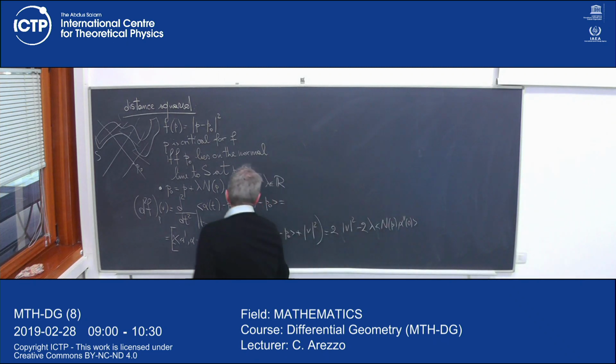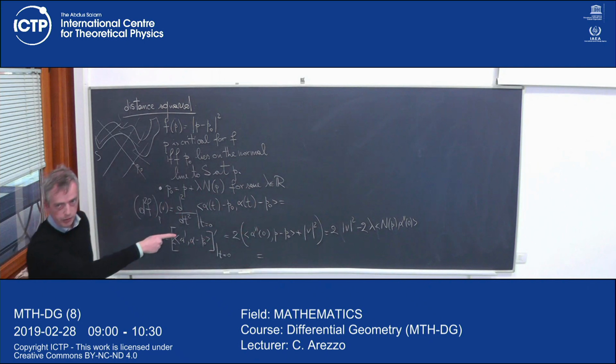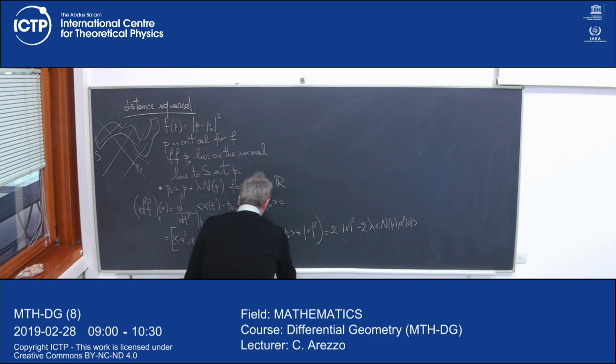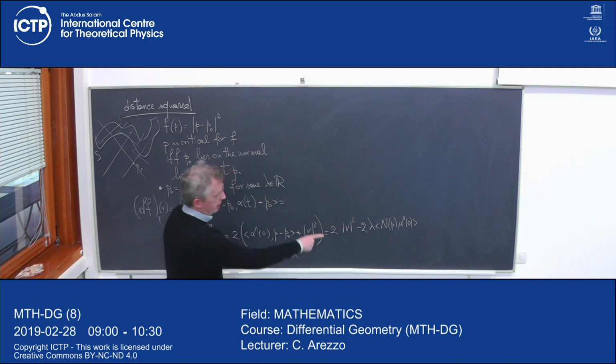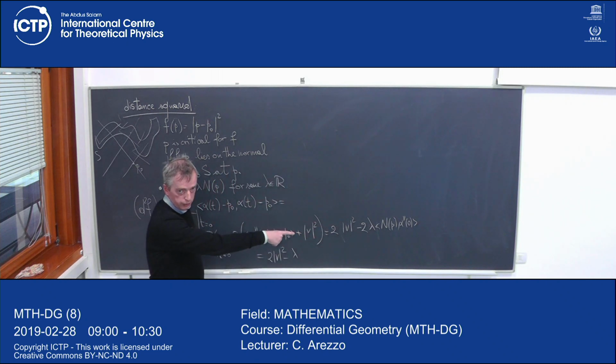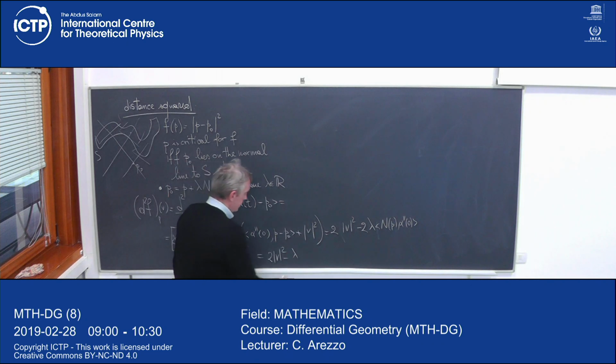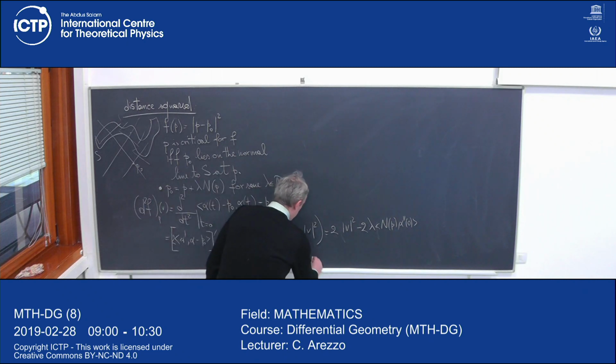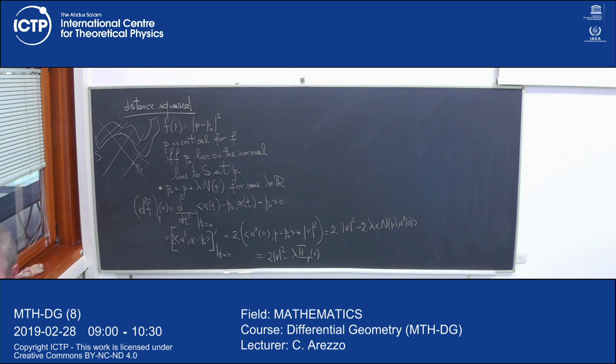The point is that this is not well defined, but this is. I mean, this formula would seem to depend on alpha. That's what I'm saying, no? But this is equal to 2V squared minus lambda, and that object here is exactly as we used in the proof of the fact that it was well defined. This is exactly the second fundamental form, in fact, with the minus at P of V. You agree?